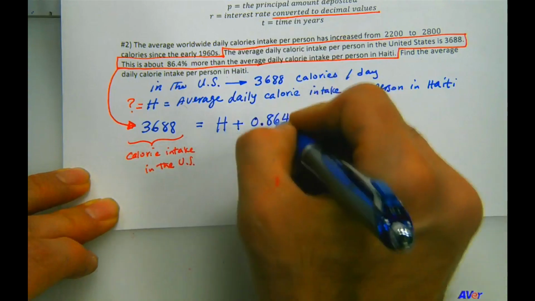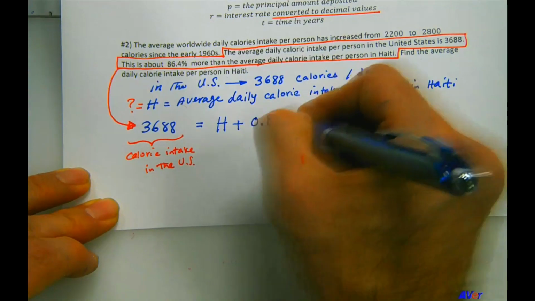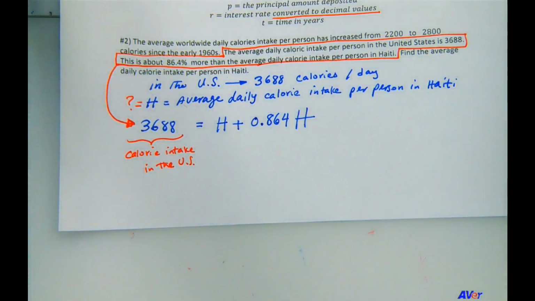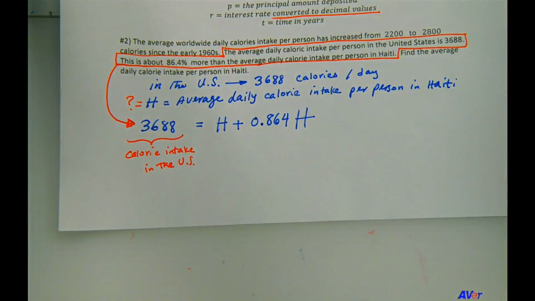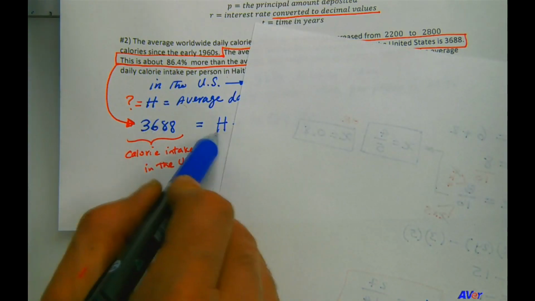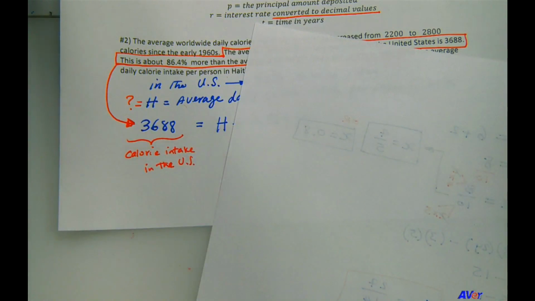So 0.864 of the caloric intake in Haiti. Okay, so notice that that's not true, right? What we consume in the United States is not equal to what people consume in Haiti.